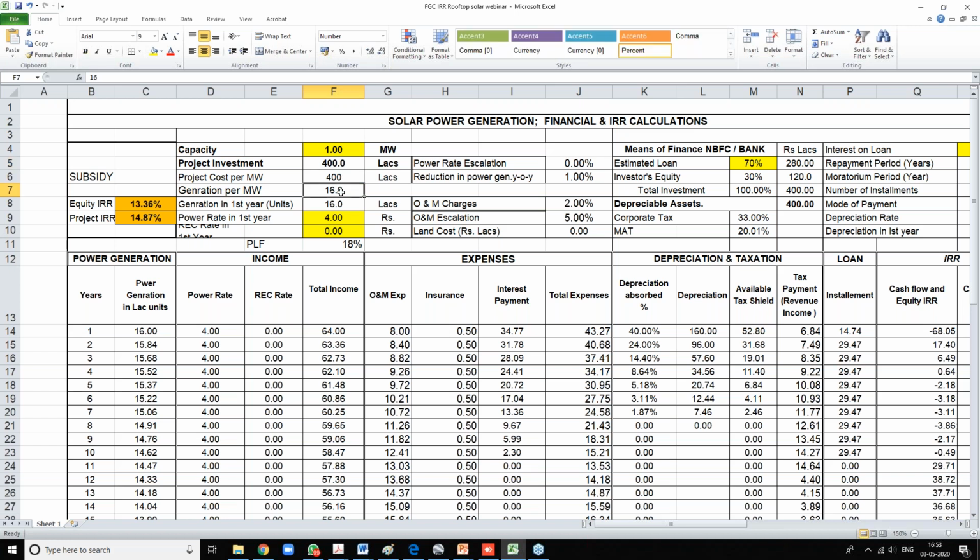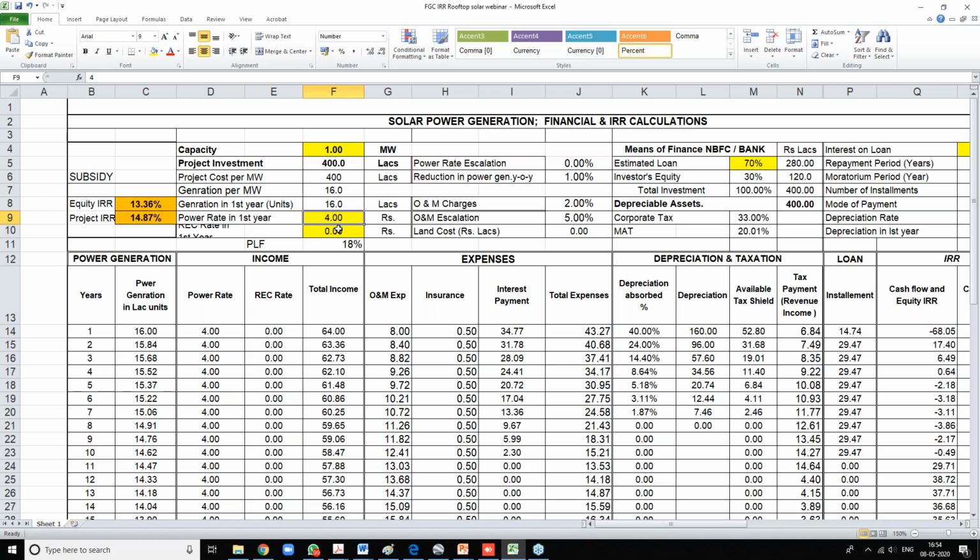We are expecting generation of something like 16 lakh units per year from the solar project, and we have considered 4 rupees as PPA tariff. So these are the typical assumptions.